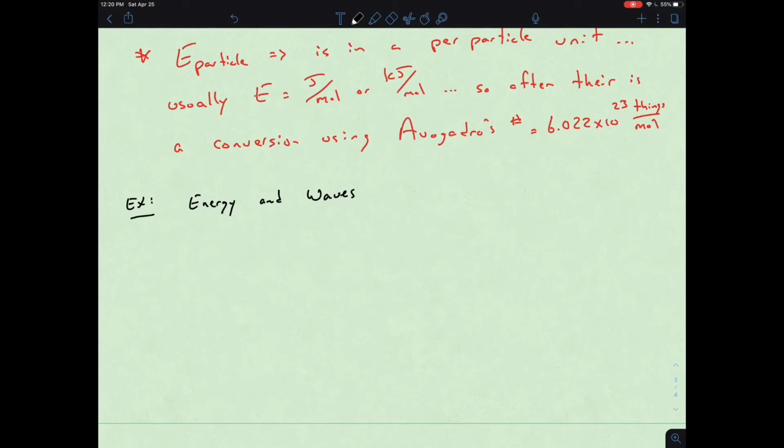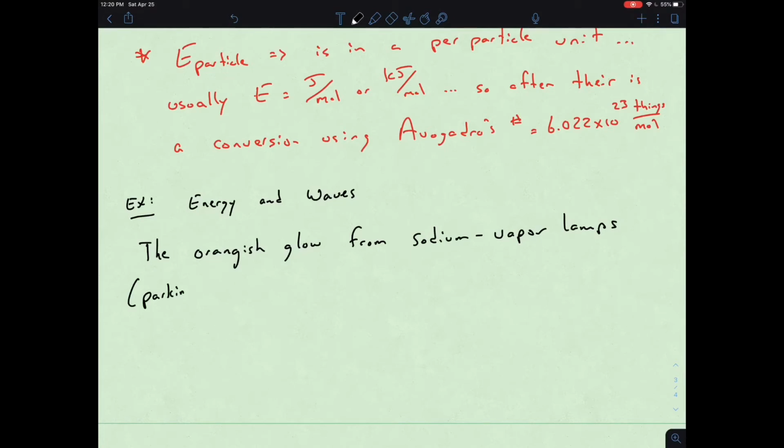So let's say that the light, really the orangish glow from sodium vapor lamps, these are usually these big parking lot lights. They have kind of an orangish glow. If they do, these are sodium vapor lamps.